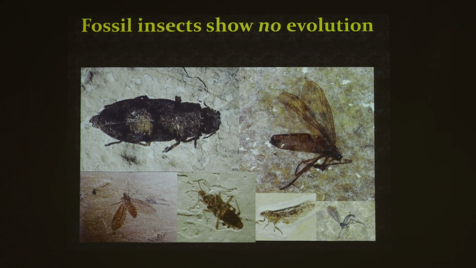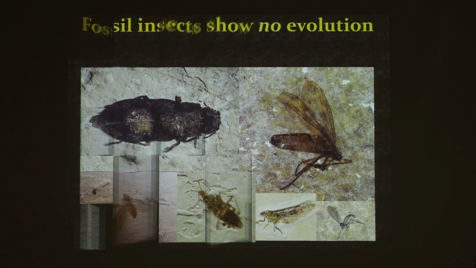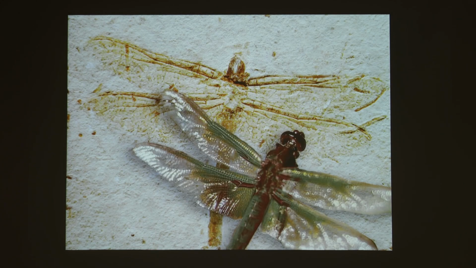Do these look familiar? Yeah, insects have been insects. We don't see the changes that supposedly should have been taking place over millions of years of evolution. Dragonflies have been dragonflies. Look, not even the angle of the wing has changed on the dragonfly.